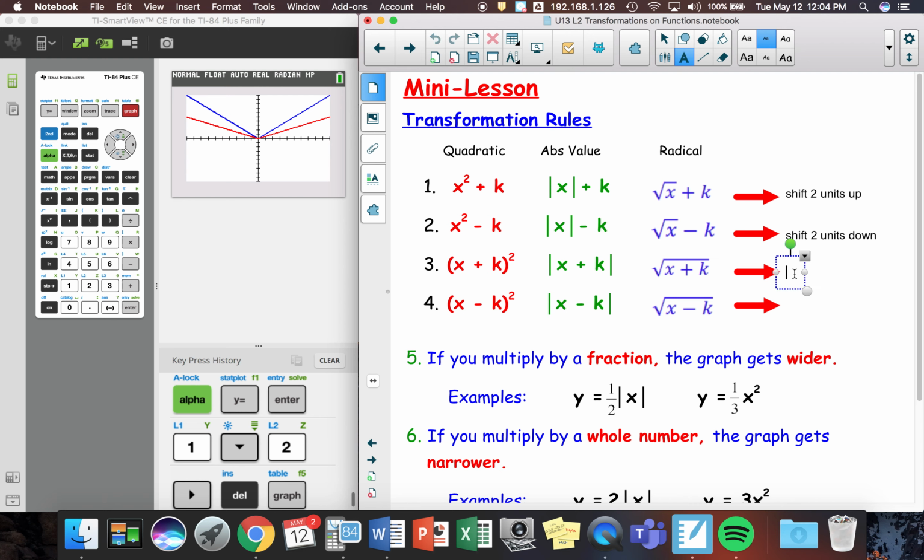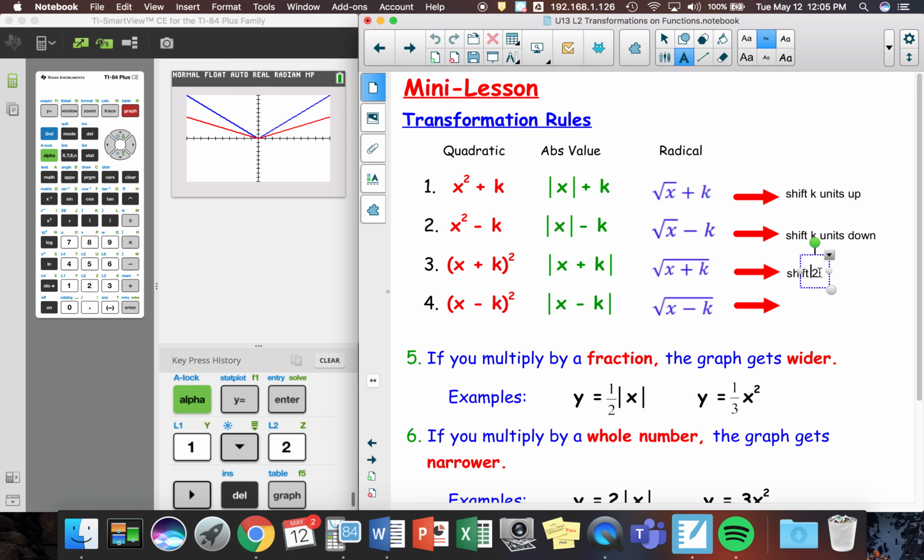If it's on the inside of our parentheses, or inside of our absolute value sign, or inside of the radical, it's going to shift 2 units. Oops, I shouldn't say 2. My mistake. It's k units. Before we were talking about 2, but right now we're talking about k here. So it shifts k units up, shift k units down.